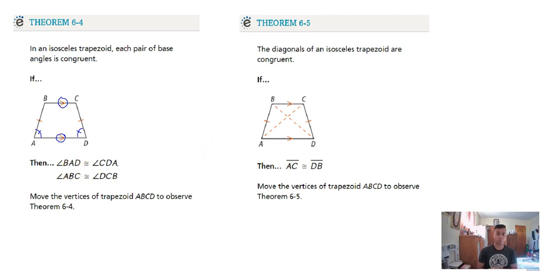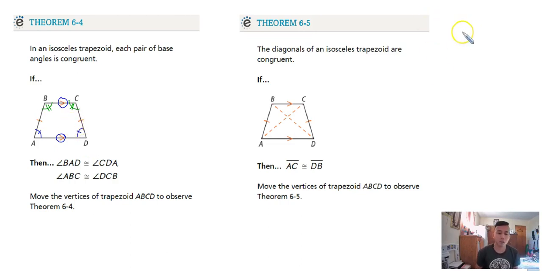So I could say that angle B is congruent also to angle C, which is ABC is congruent to DCB. So that is theorem 6-4, that the base angles in an isosceles trapezoid are congruent. Now, in this example, the base is AD. If I rotate that 180 degrees, your BC will become the base.